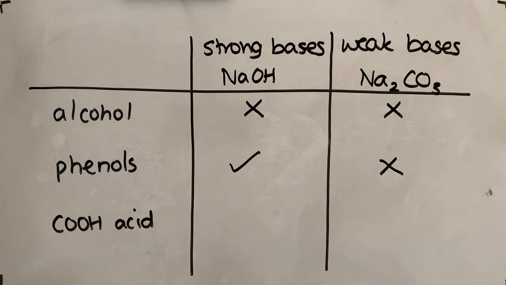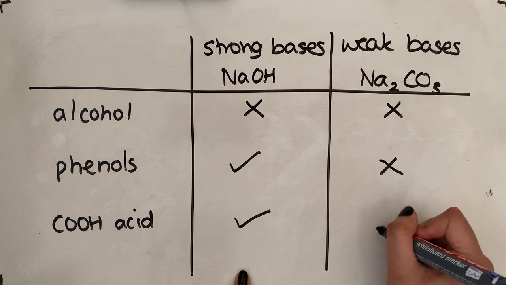And carboxylic acids, in terms of pH, I would say they'd be around about 3, obviously depending on concentration and which acid you're looking at, but they're still classed as weak acids, though slightly stronger than phenols. So in terms of their reactions, they take part in reactions with strong bases, and they take part in reactions with weak bases.